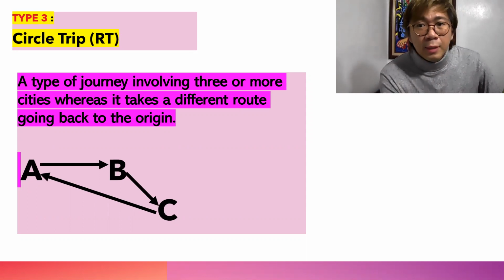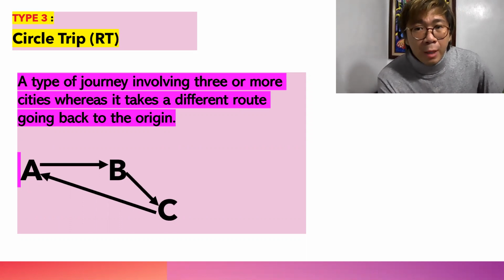A round trip can also be 3 or more cities, but a circle trip can't be 2 cities. A round trip can be 2 cities. Example: Manila, Cebu, Manila, Hong Kong, Manila, Singapore.